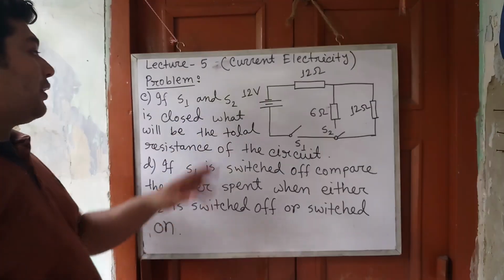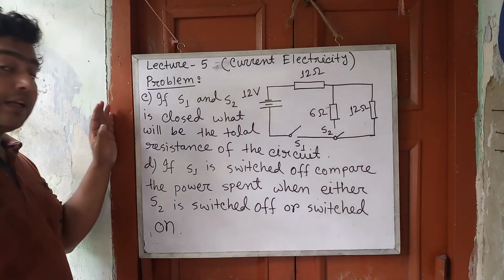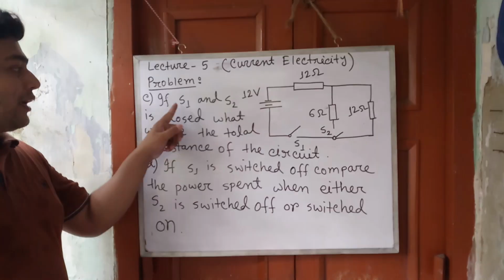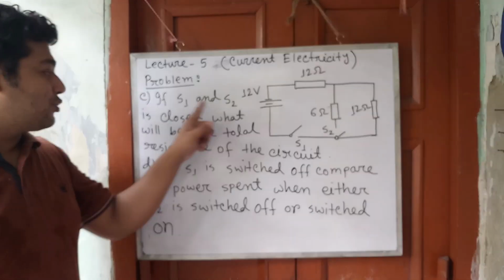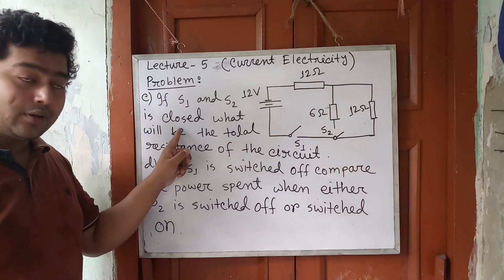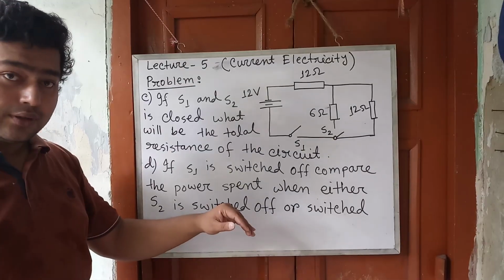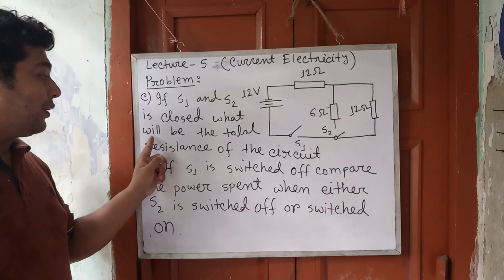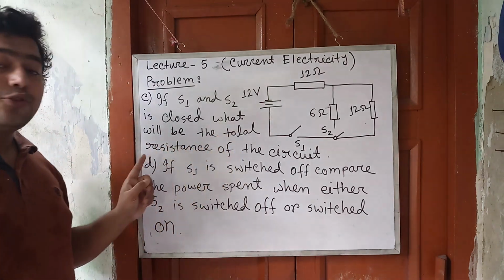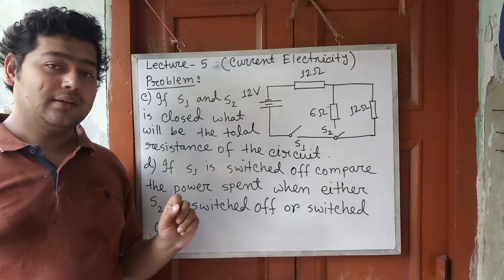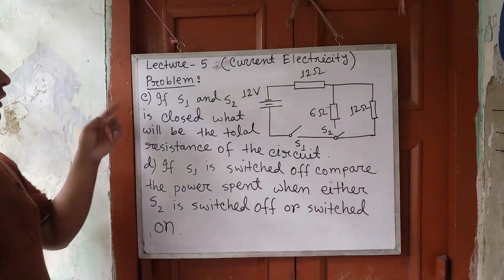Now this is our question C: if S1 and S2 are closed, what will be the total resistance of the circuit? I'm repeating again.